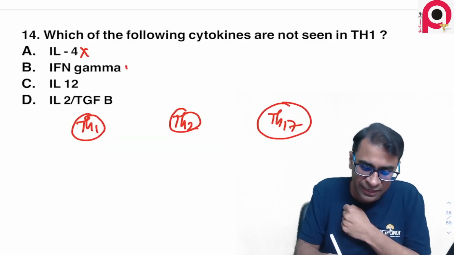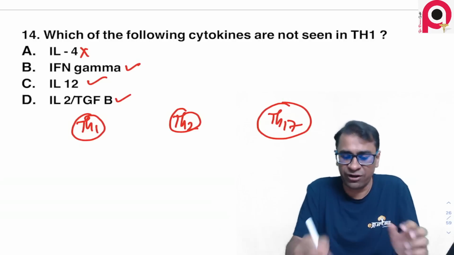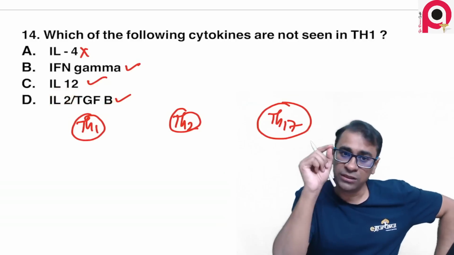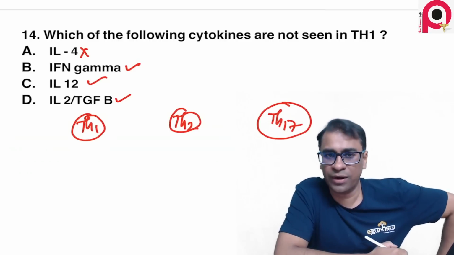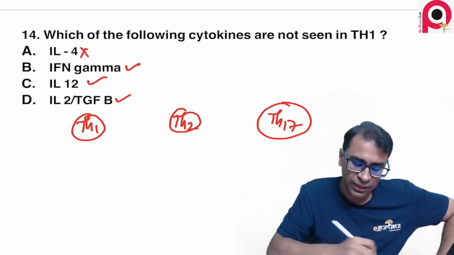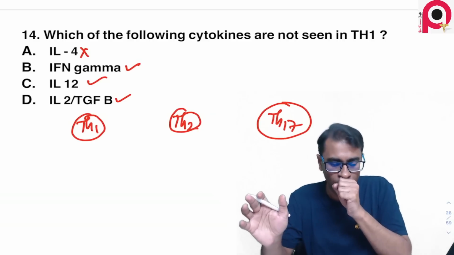But remember, interferon gamma, IL-12 and TGF beta or IL-2, some students have recalled this to be IL-2 and some students have recalled this to be TGF beta. These two are the molecules which are involved in TH1. So a better answer to this question is actually interleukin 4, because IL-4 is not there at all.